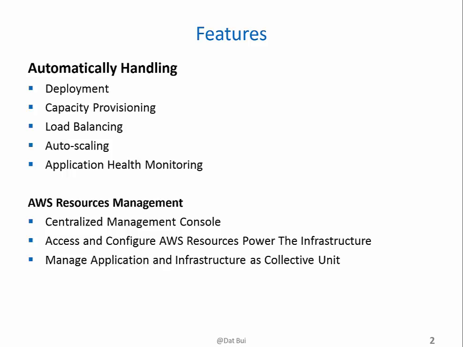Essentially, the application and the infrastructure are managed as a collective unit, so you can delete the entire application and the infrastructure with just one click at the admin console. You can deploy or upgrade the application.